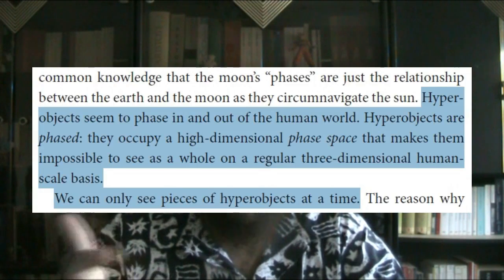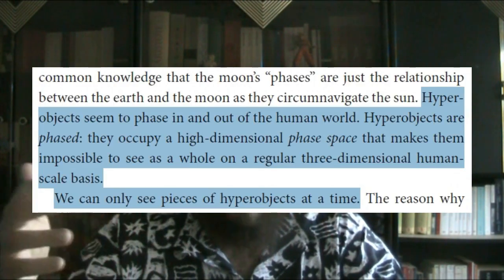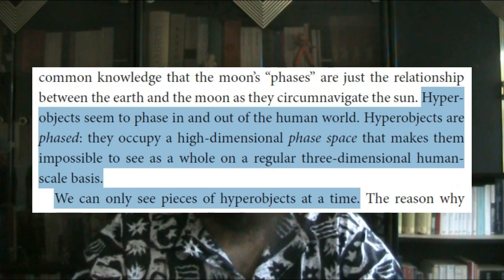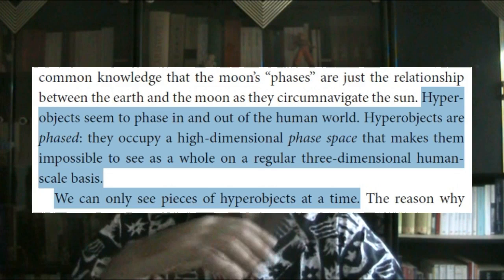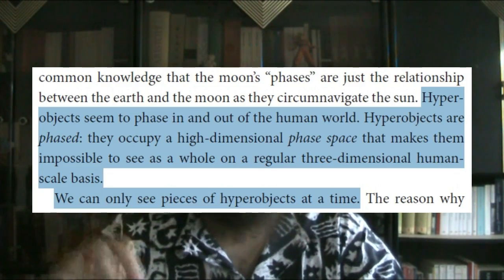Hyperobjects are phased. They occupy a high-dimensional phase space that makes them impossible to see as a whole on a regular three-dimensional human-scale basis. We can only see pieces of hyperobjects at a time. Trying to see them in more than just phases is like people from a two-dimensional world looking at an apple from a three-dimensional world. They won't be able to see the apple like we do, but only as dots and a succession of circle-like shapes.